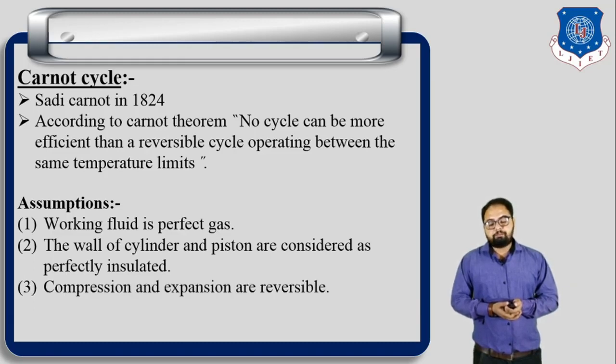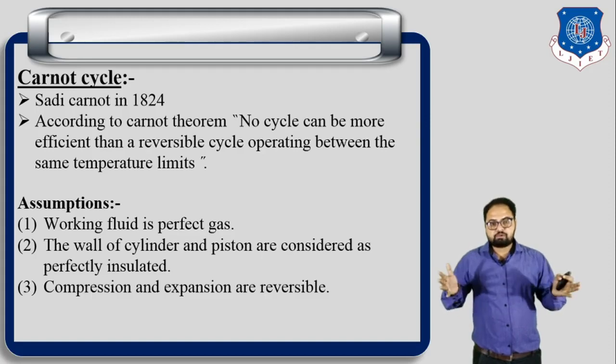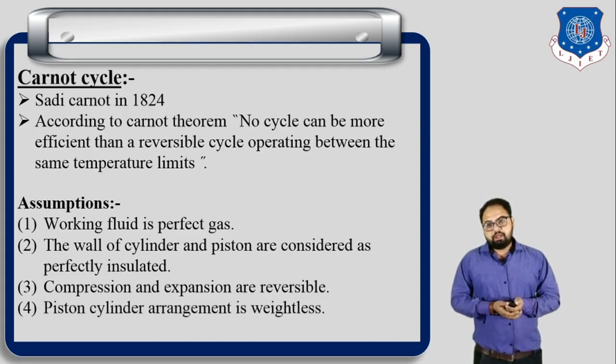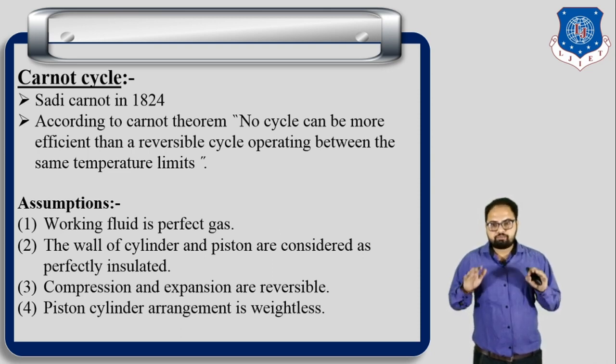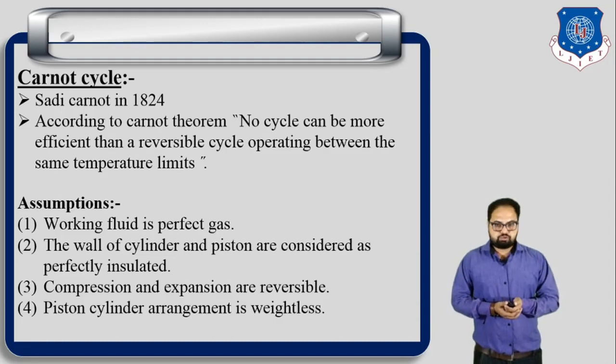Third, compression and expansion processes must be reversible, and the piston-cylinder arrangement must be weightless and not produce any friction during the process. And the last one, not mentioned here, is that transfer of heat does not change the temperature of the heat source and heat sink.